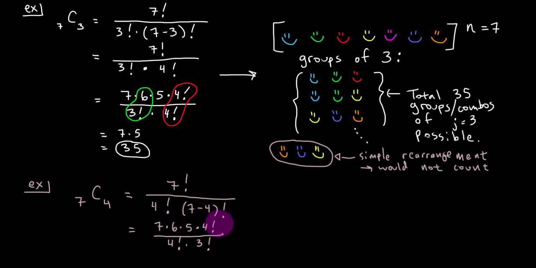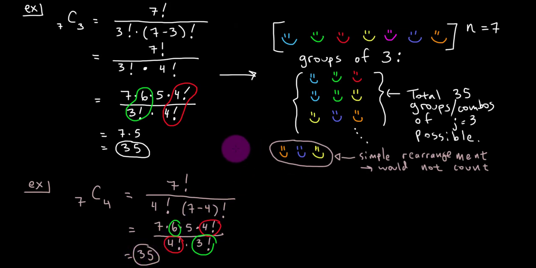So again, the 4 factorial is canceling, and again we can see the 3 factorial would cancel with that 6, leaving us yet again with 7 times 5, which is 35.